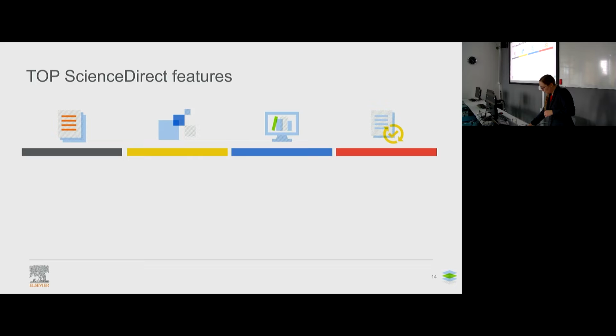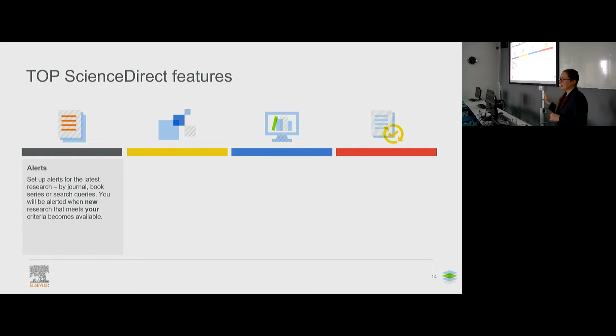For example, we have things called alerts. This is actually the answer for staying up to date, because we saw a lot of people want to stay up to date with relevant content.